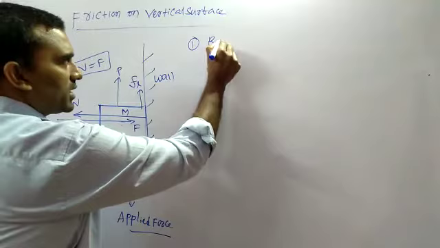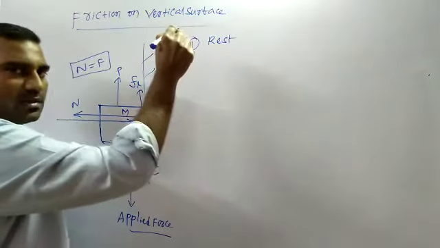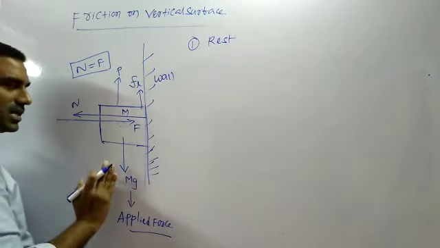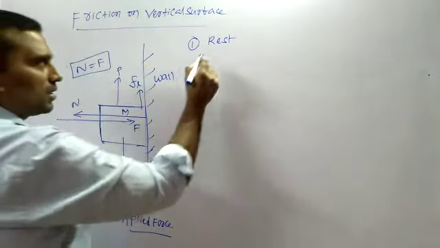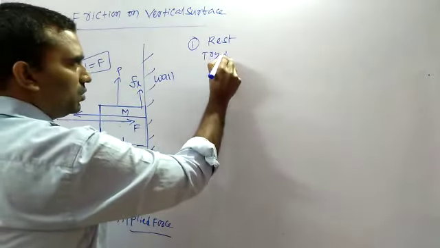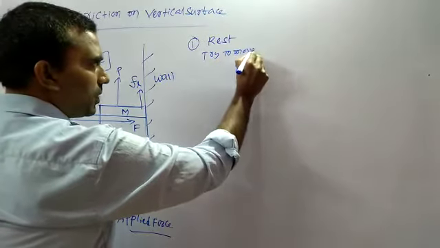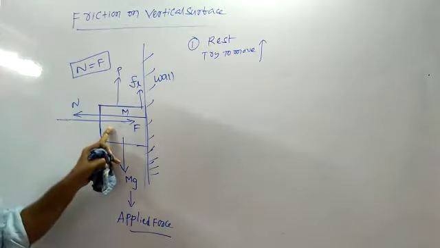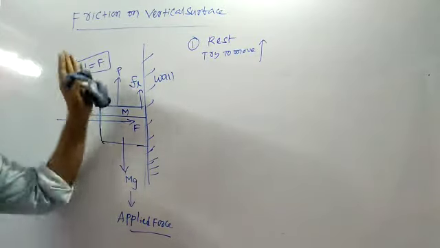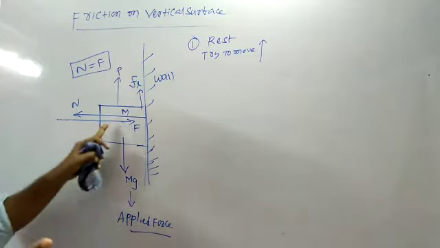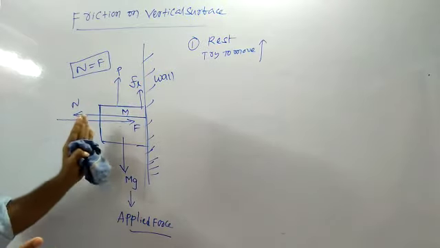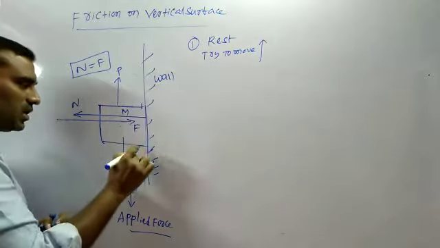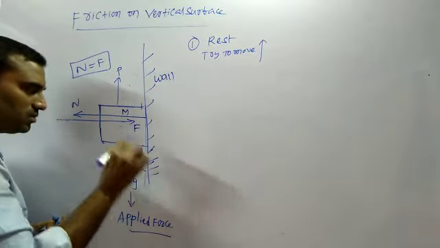If the block is at rest, trying to move upwards by applying the two forces F and P simultaneously, then friction goes down.